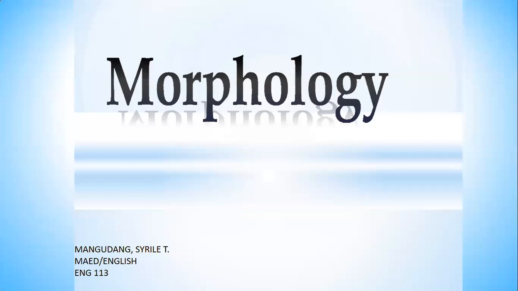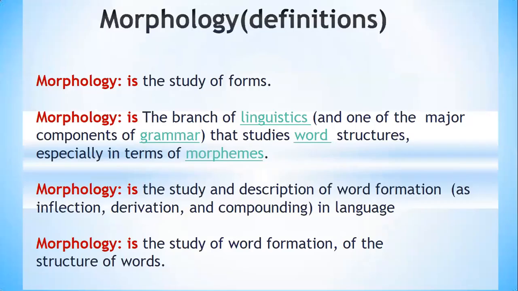So what is morphology? Morphology is the study of forms. Meaning, it studies the patterns of forming words by combining sounds into minimal distinctive units of meaning. They are called morphemes.